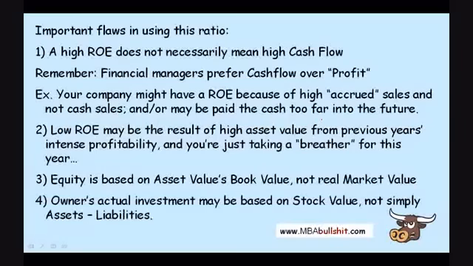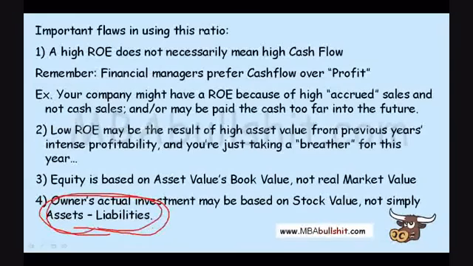But in reality, the owner's actual investment may be based on stock value, not simply based on assets minus liabilities. What is assets minus liabilities? This means equity, right? So how do you measure how much is the personal investment of an owner into a company? Is it based on equity?